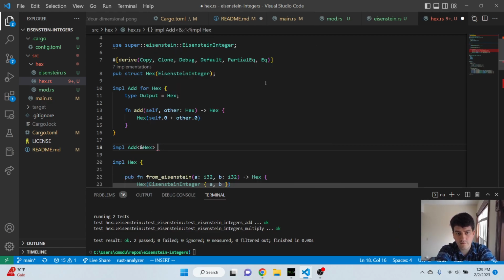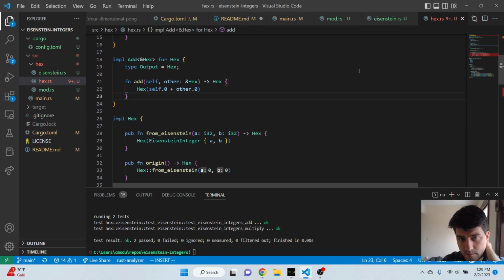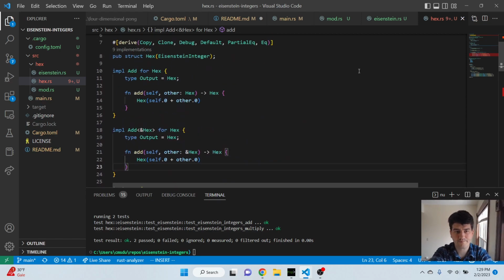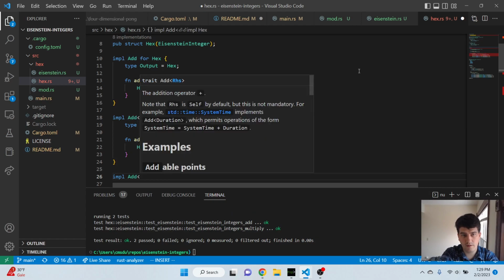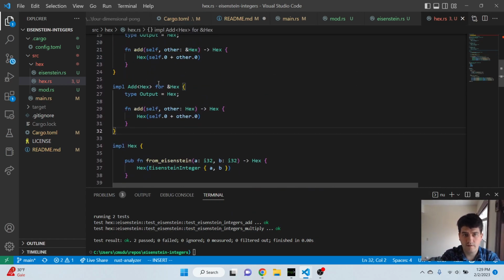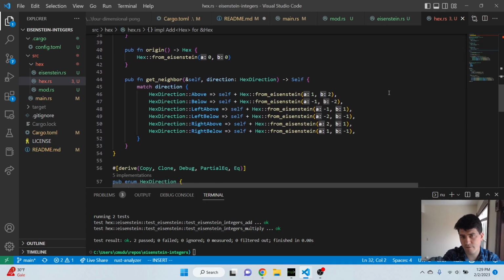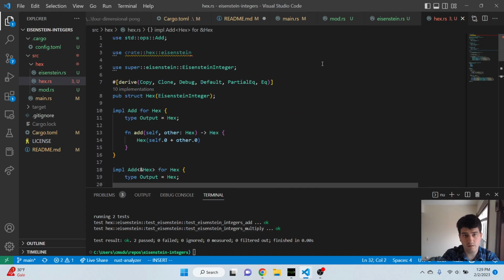Add hex for hex. And same thing, add hex for hex. There's maybe a better way to do this using from, but should be all right.